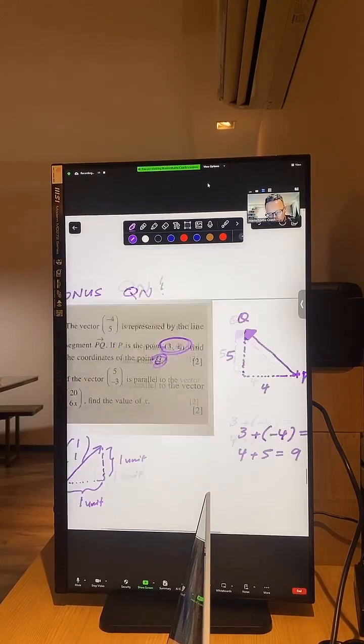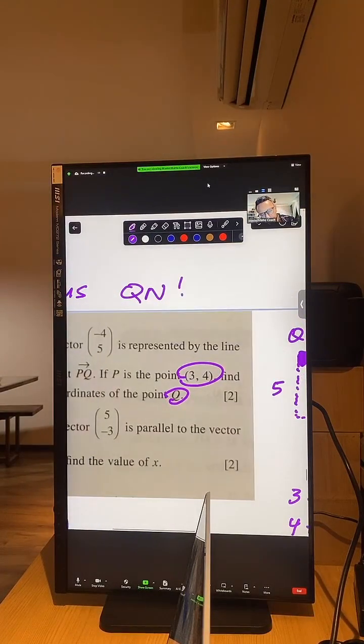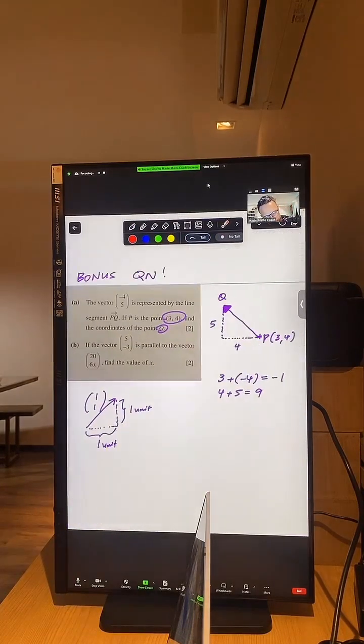So what you're doing here is you are taking the starting point, and adding your vector to it to give you your ending point. Make sense? Let me write it over here.